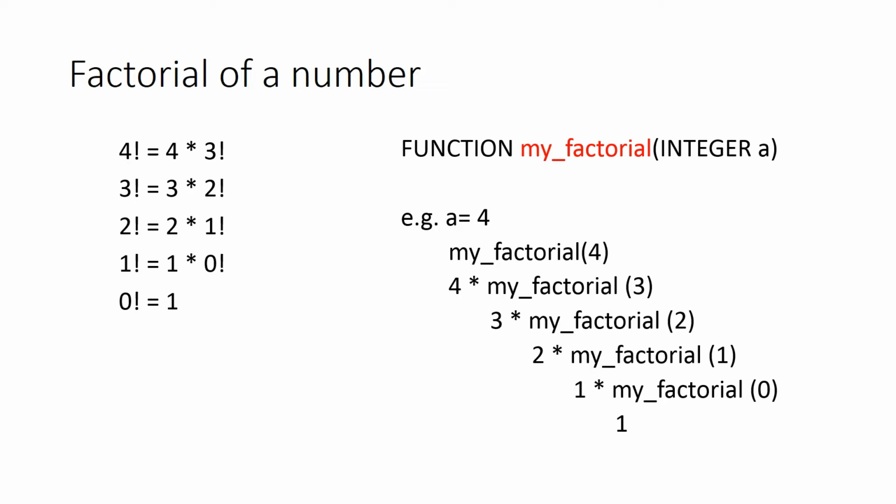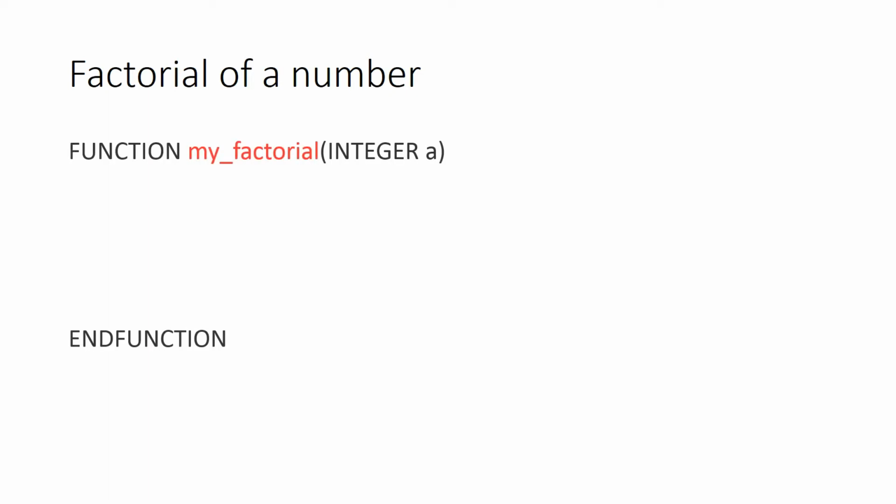Okay, so let's make it happen. Let's write down the inside of our function myFactorial. So here is our skeleton, here is the structure of our function. Function myFactorial receives an integer, and then we end the function. Okay, so we know when the factorial will finish.